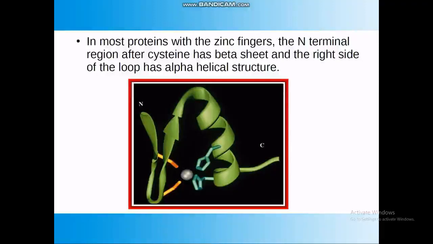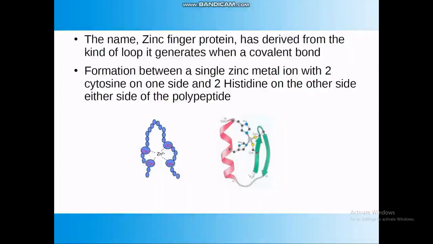The name zinc finger protein is derived from the kind of loop it generates when a covalent bond forms with the zinc metal ion. The zinc metal ion is bonded with 2 cysteines on one side and 2 histidines on the other side of the polypeptide, thus forming the zinc finger domain.